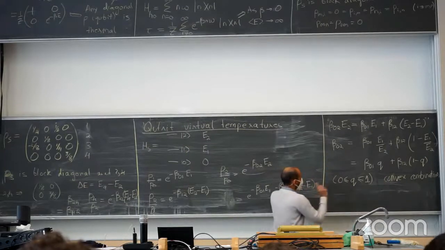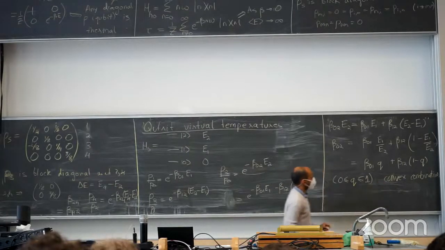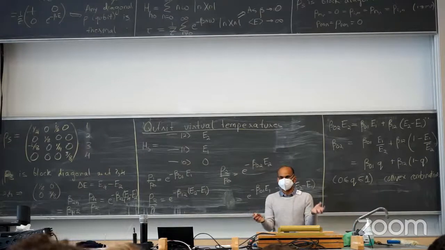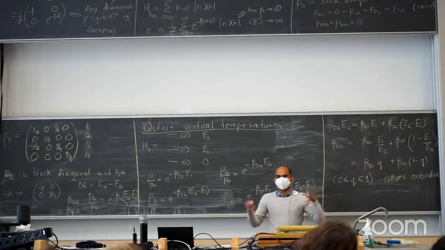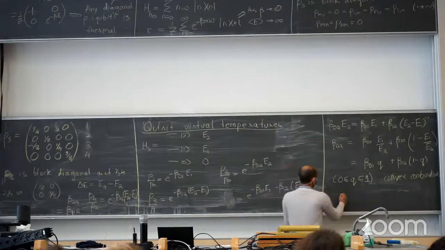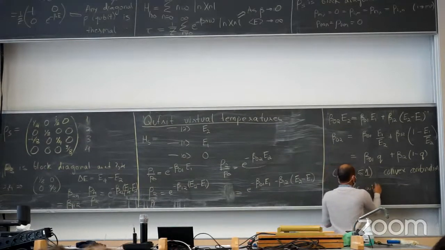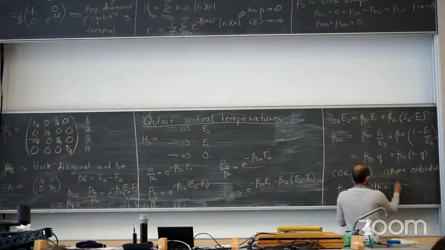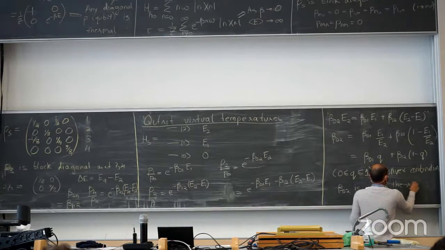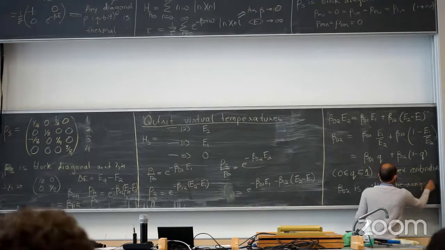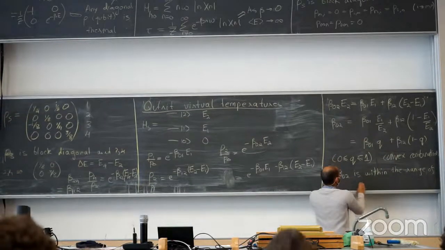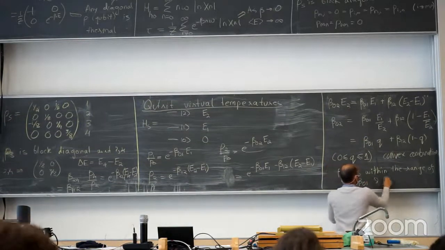And the important thing about convex combinations is that when you take a convex combination of a set of numbers, you get something that lies within the set, which means that beta 02 is within the range of beta 01 and beta 12.